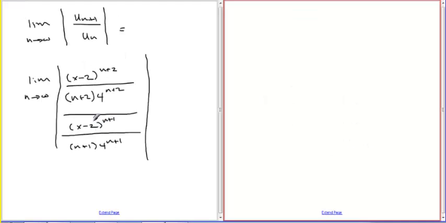So now we can take the reciprocal and kind of match everything up. So let's do the x minus 2 term. This is in the numerator, so then the denominator is going to be the n term.